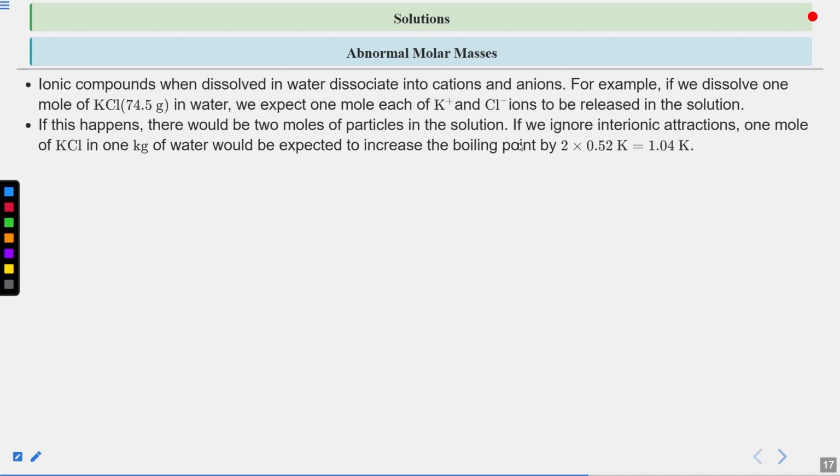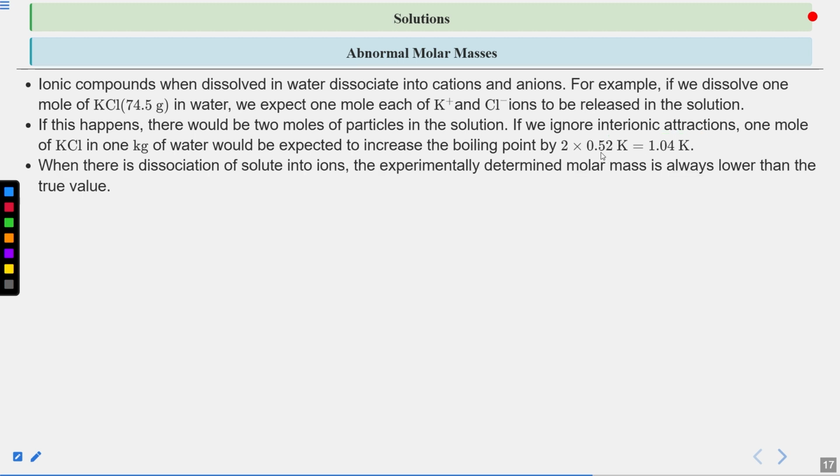Now, as I said, as a consequence of this, if we ignore the inter-ionic interaction, then 1 mole of KCl in 1 kg of water will give double the expected value. Since there are now two particles, if the expected value of elevation in boiling point was 0.52, it will now be 1.04 Kelvin.